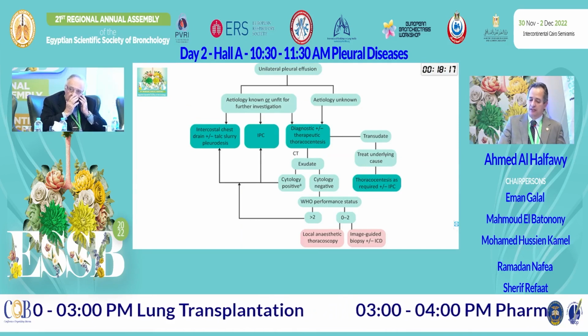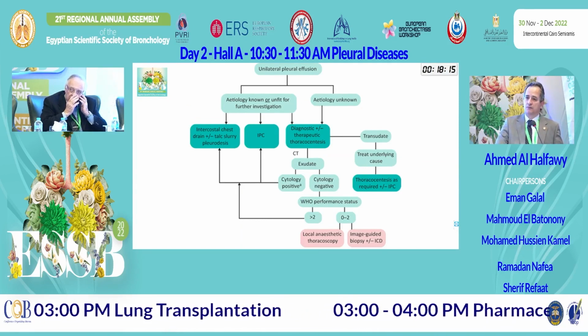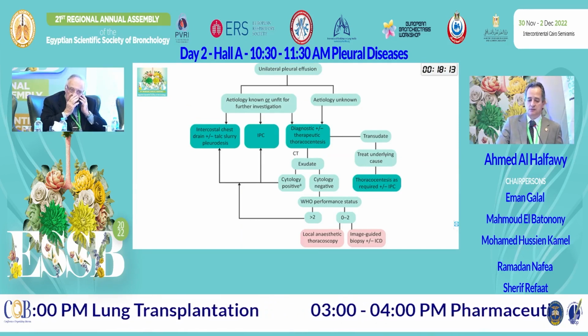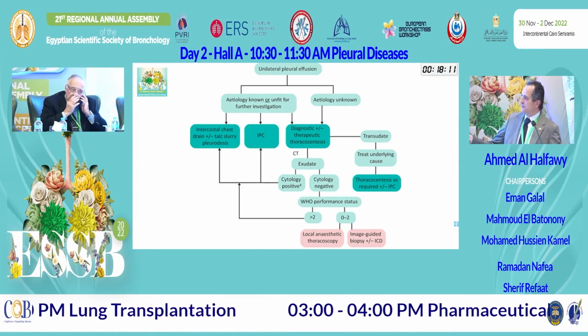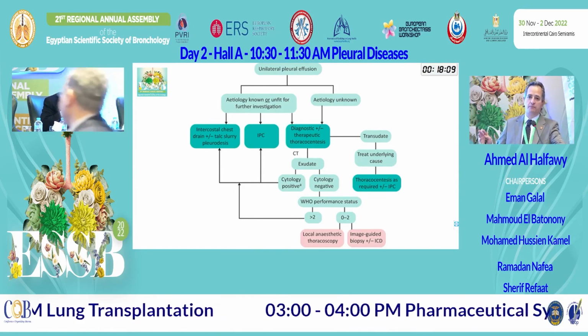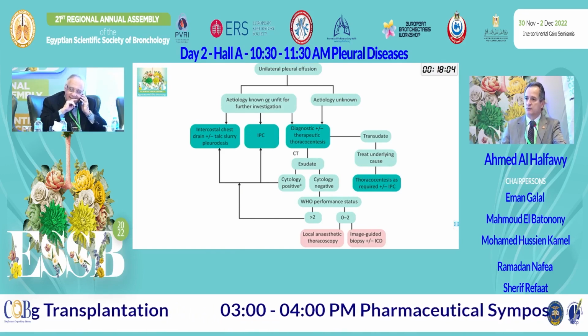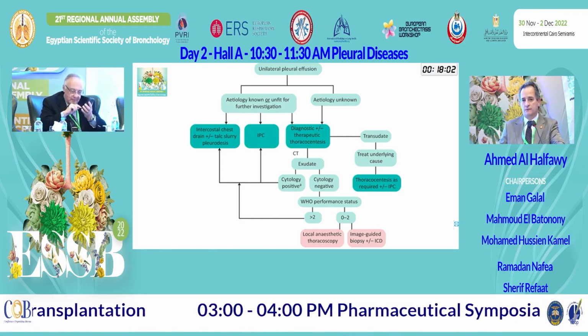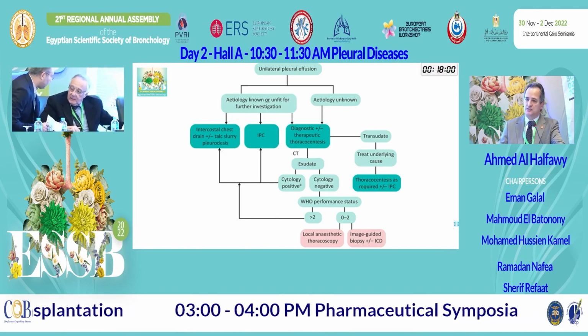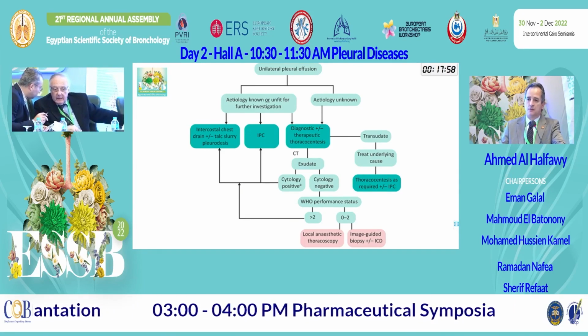So, unilateral pleural effusion needing diagnosis. This slide is very nice because it shows that for some people we don't have to do more. People who have a lot of comorbid conditions, just treat symptoms.